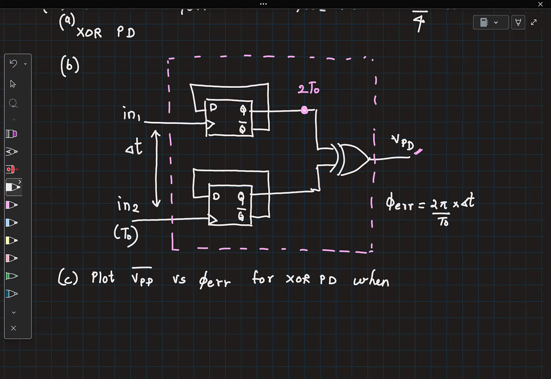When the supply voltage is from minus VDD to plus VDD, instead of 0 to VDD or from minus VDD by 2 to plus VDD by 2, directly giving you minus VDD to plus VDD. You can treat this as a separate question, and you can assume that the duty cycle is 50% for this part.